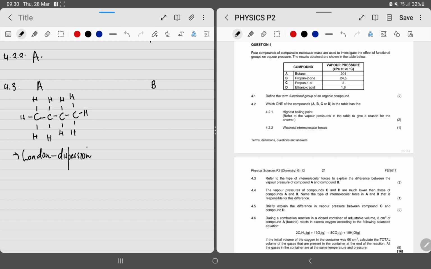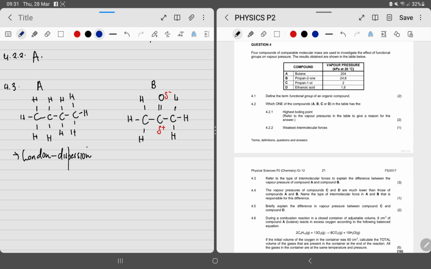Okay, so for B we have propan-2-ol. We know that oxygen is highly electronegative, and this means that it likes to acquire electrons, or it pulls electrons towards its nucleus. So it is going to acquire a partially negative charge, and the carbon is going to have a partially positive charge.